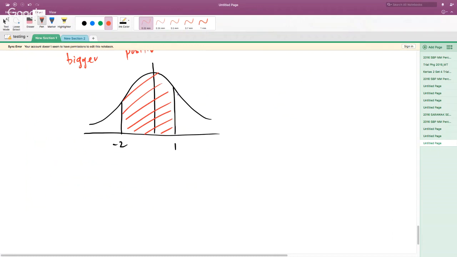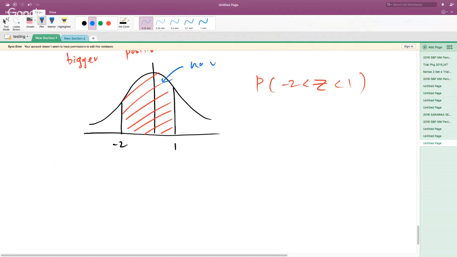There's no way you can straight away get the area in the middle. Even though you will get z is between -2 and 1, there's no way you can do this straight from the table.